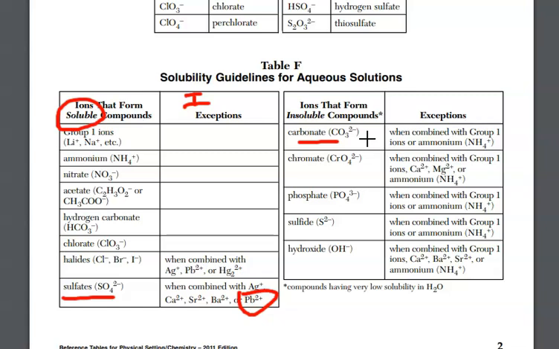And finally, for the tin 2 hydroxide, tin's symbol is Sn. I don't see that anywhere here. In fact, I don't see any hydroxide, but sure enough, I see it here. Hydroxide compounds are typically, again, insoluble, except for these different ions, which Sn is not part of. Once again, I have an insoluble compound.